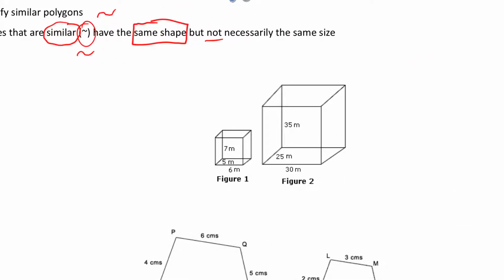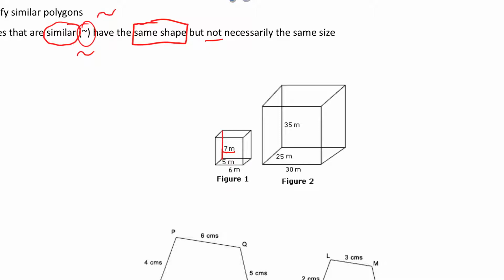So the first thing I want to do is, as I look at these two boxes here, these two rectangular prisms, I want to know, are these two similar to each other? They look like it, but here's the way we're going to test for sure. So this 7 is talking about this dimension right here. It's how tall that one is.